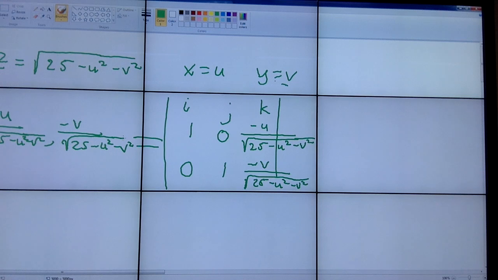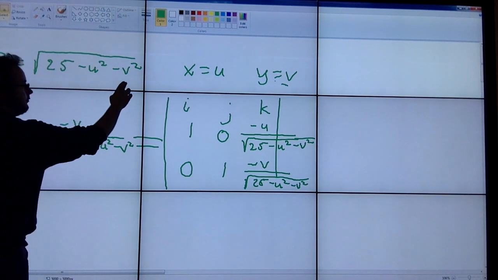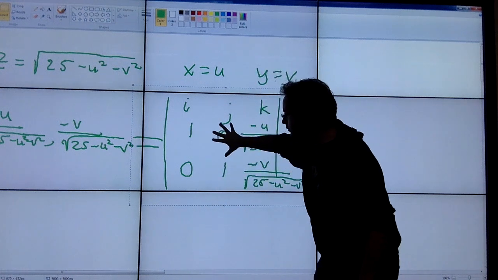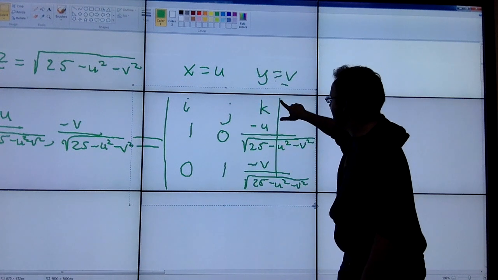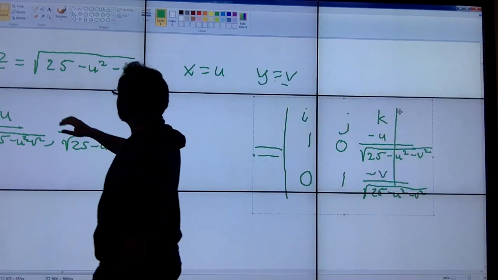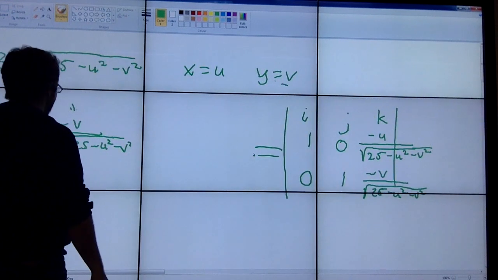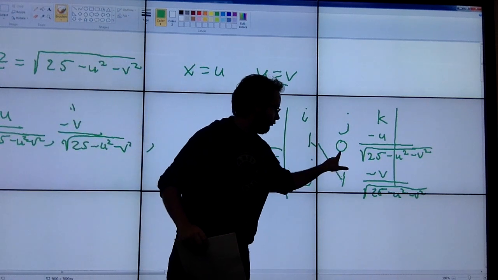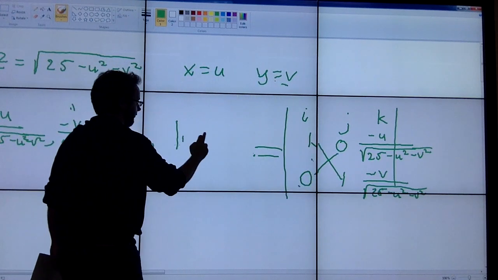Let's see how I can do this. All right, and then comma, what's 1 times 1? 1 times 1 minus 0 times 0, so 1.